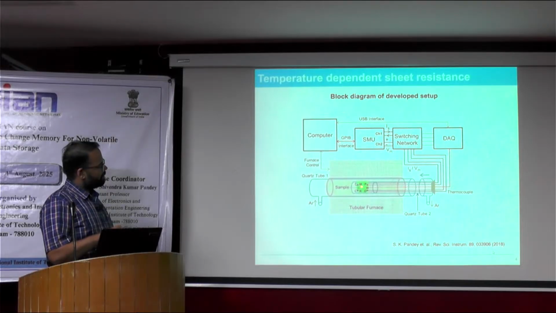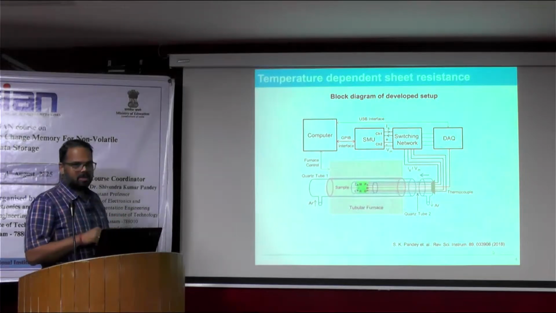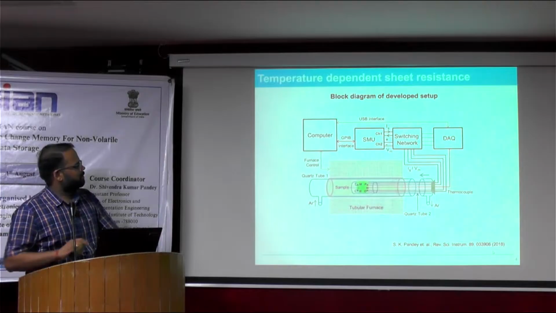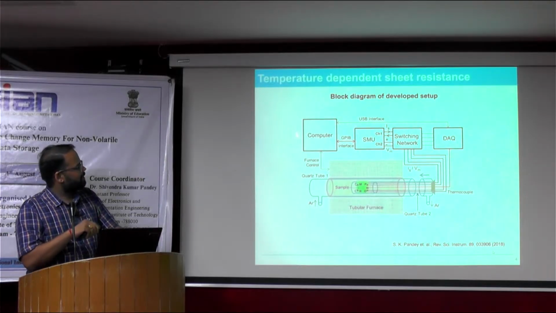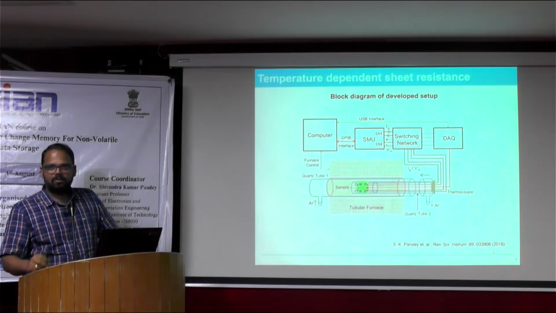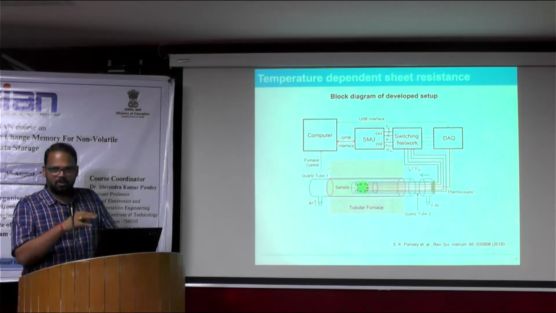You can place your sample, and then the value of resistance can be directly measured into this computer. What instrument does it use here? This overall setup is connected with an SMU, a source measure unit. This source measure unit is going to provide you the resistance value of your thin film.